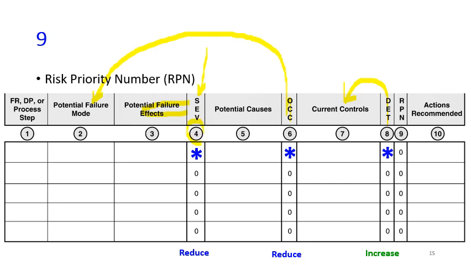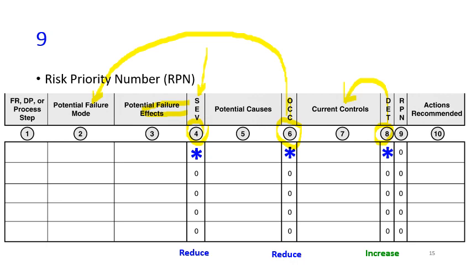So severity times occurrence rating times detection rating. The RPN number is called the risk priority number. The larger the number is, the worse, not really the worst, but the higher priority that we should give to that failure mode, because it is very risky.